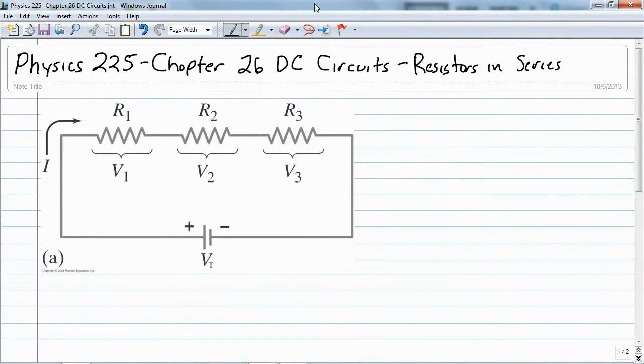Our first resistor configuration that we are going to analyze is the series configuration, resistors in series. As we look at this picture, we see that with the resistors in series, there's only one path for this current to flow. So there's one path in series.